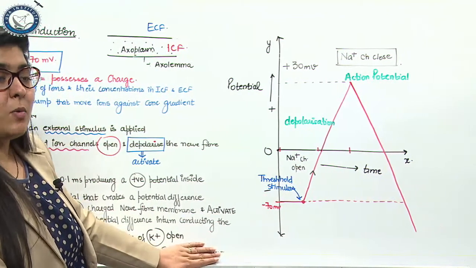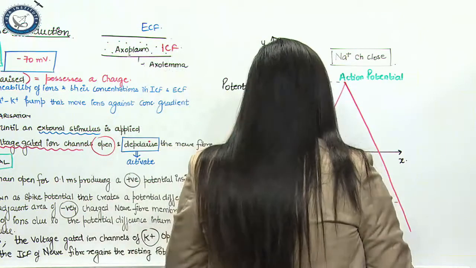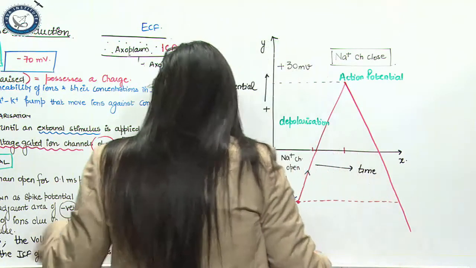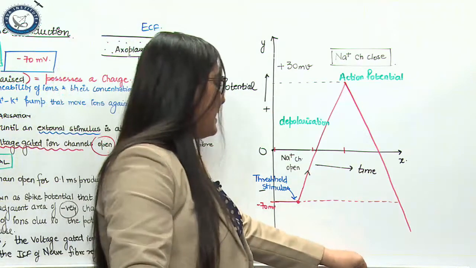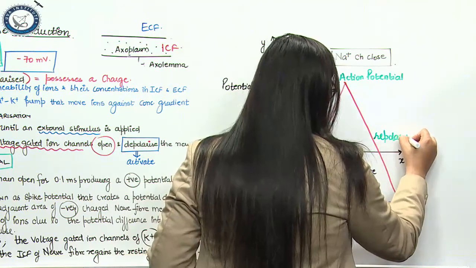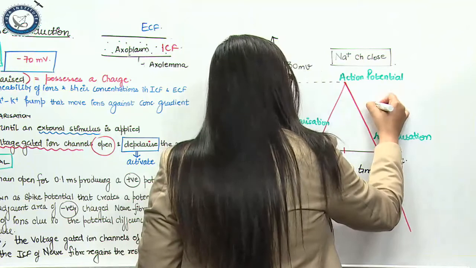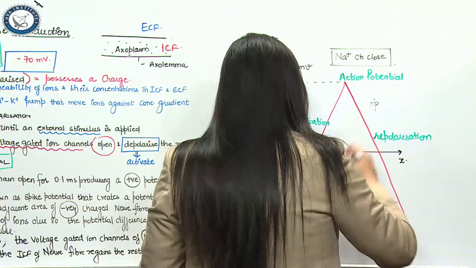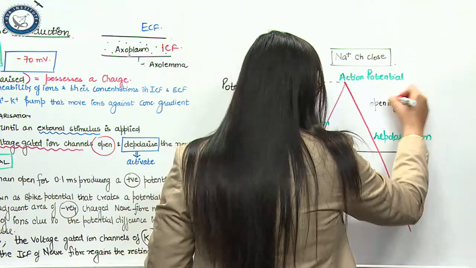You understand? Why? Because of the inertia of the movement of ions outside. This process of changing the potential from positive to negative is known as repolarization. This repolarization is achieved due to opening of potassium ion channels.